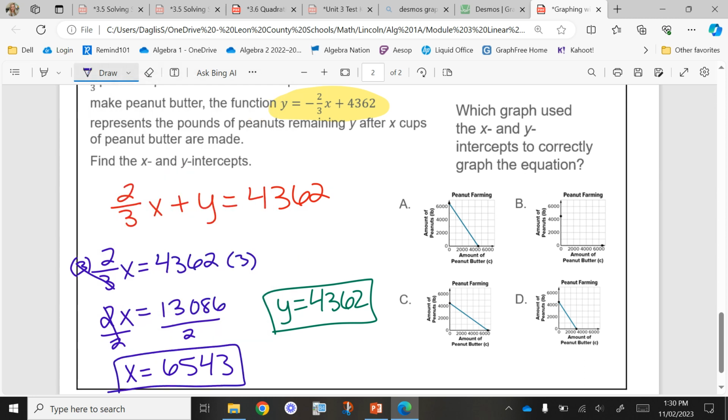Okay? So now we need to pick a graph that shows those intercepts. Okay? Part A. Does it have a y of 4,000 and an x of about 6,000? Remember, these are x's and these are y's. So it looks like it has them switched. Right? So A is out. Does B have a point of an x about 6,000 and a y about 4,000?